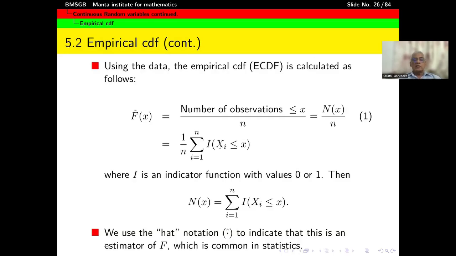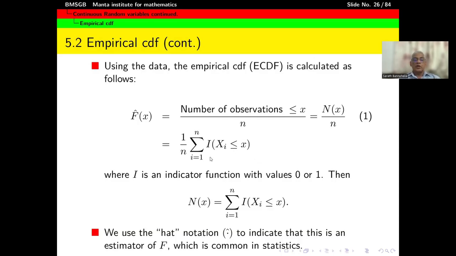I of xi less than or equal to x will be 1 if the observed value of xi is less than or equal to simple x. Otherwise, if the observed value of xi is greater than x, this whole thing will be 0.